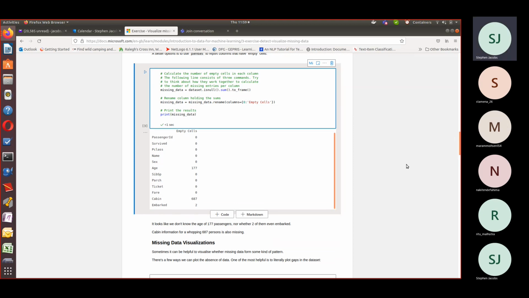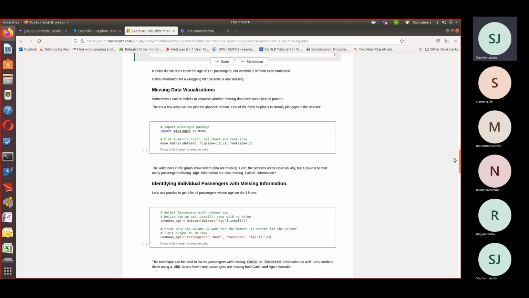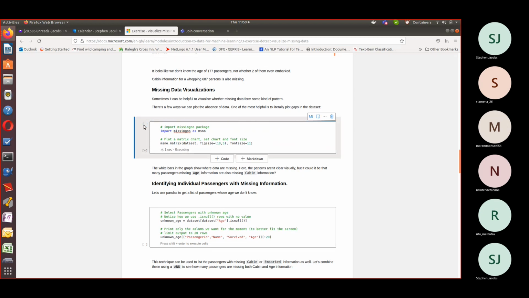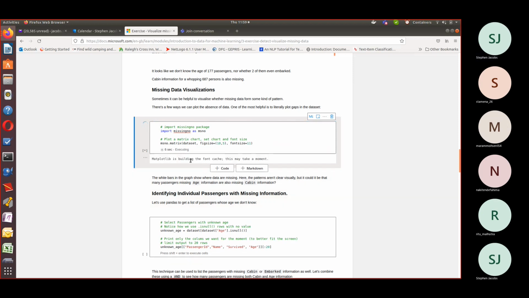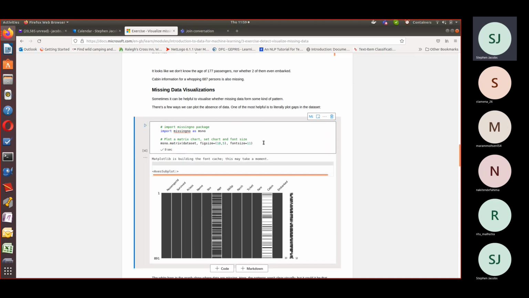So let's visualize those missing data points just before we go today. So we're loading it up, and then, okay, Matplotlib is doing stuff.